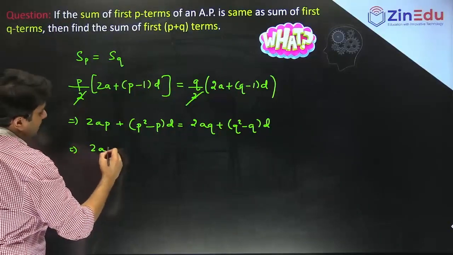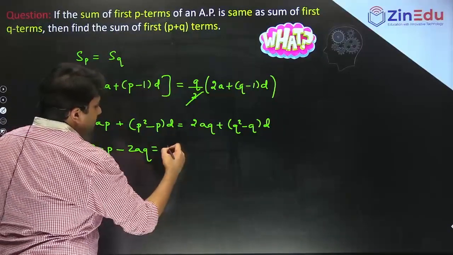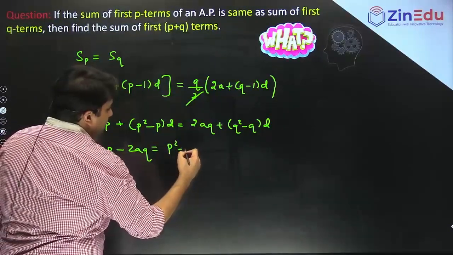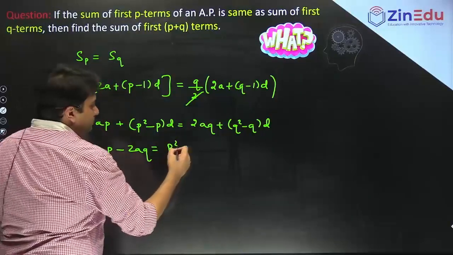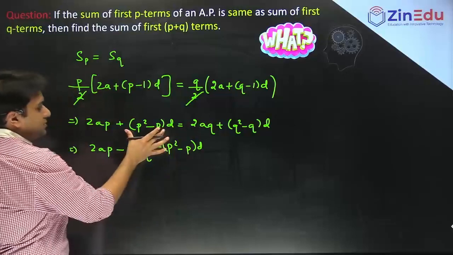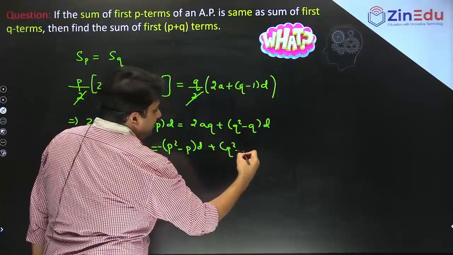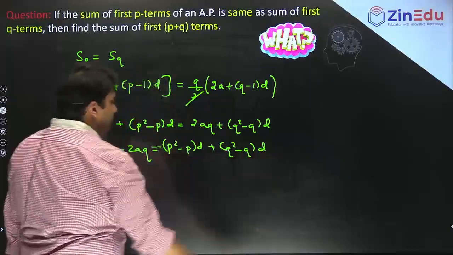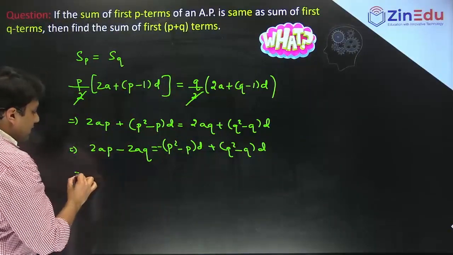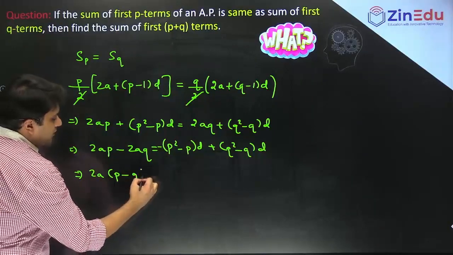So we will have 2ap minus 2aq equals p square minus p into d with a negative sign, since this term is positive, so it will be moving to the RHS part, and this will remain as it is, q square minus q into d. So now I can take 2a common, so we will have p minus q with us.